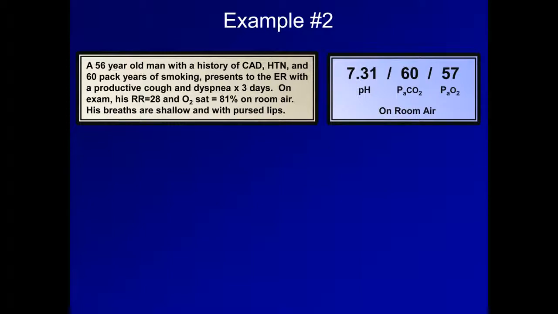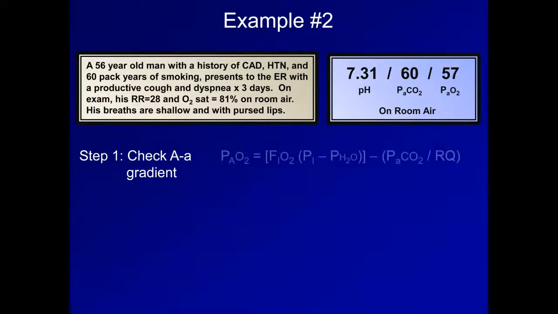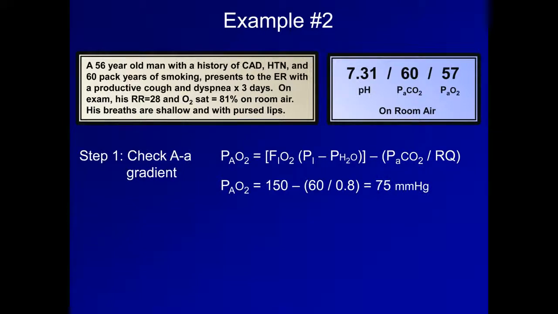If we are just focusing on his oxygenation, step 1 will be to check his AA gradient. Here is the alveolar gas equation. So his P big AO2 equals 150 minus 60 divided by 0.8, which is 75 millimeters of mercury. His AA gradient is therefore 75 minus 57, or 18 millimeters of mercury.